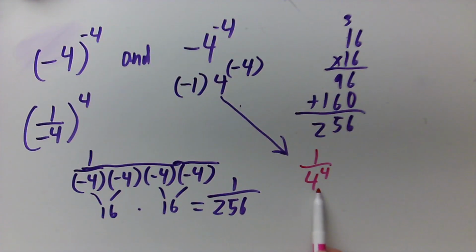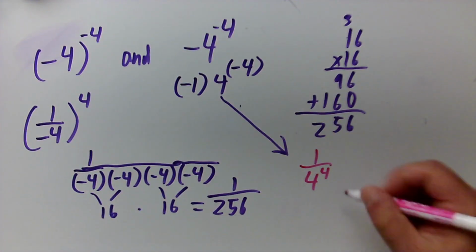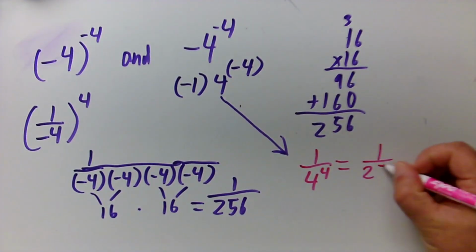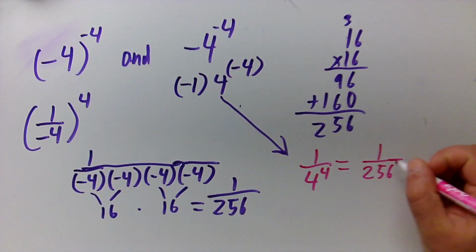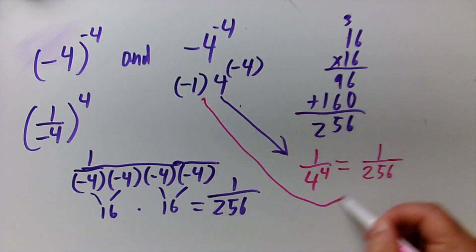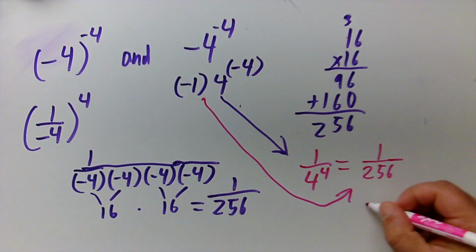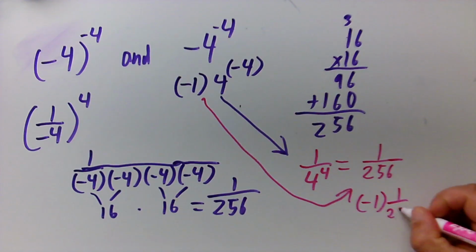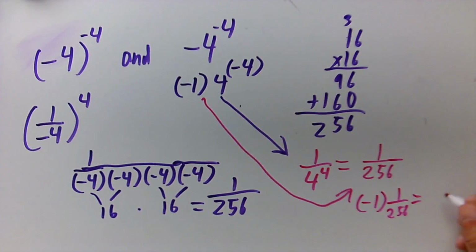So if we have all these positive numbers, it's also going to be equal to 1 over 256. But when we put in that negative 1 over here, negative 1 times 1 over 256, it's going to change this to a negative number. And so they're very different numbers. One is positive and one is negative.